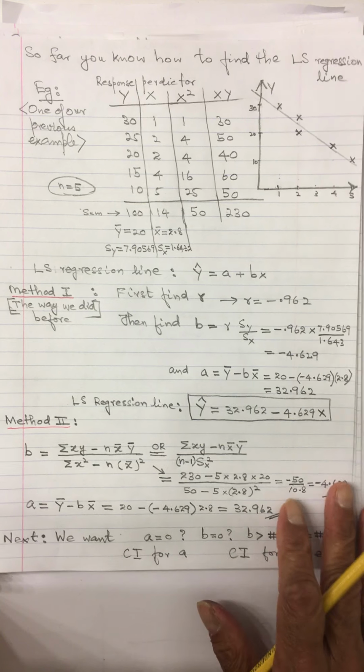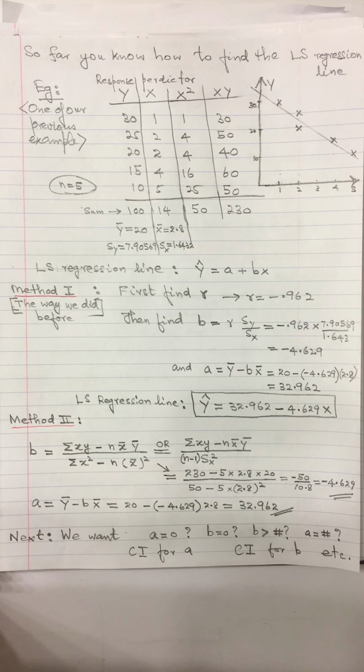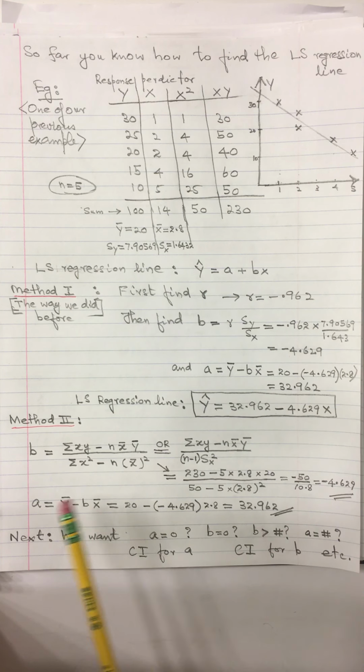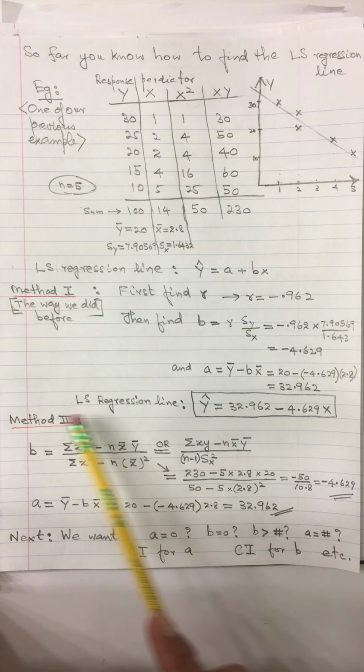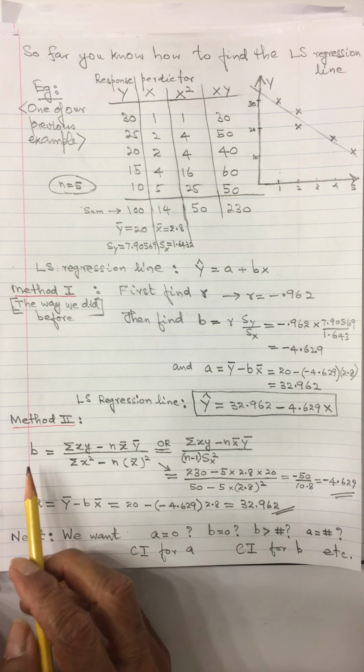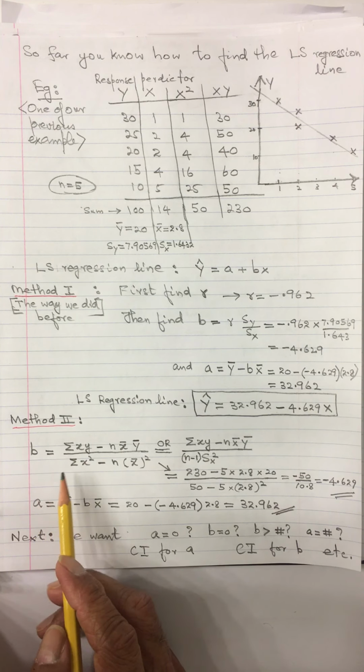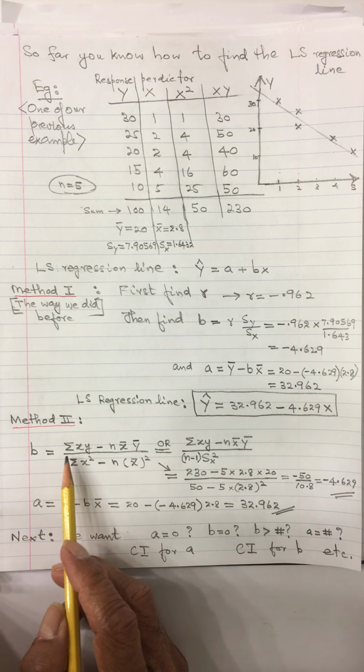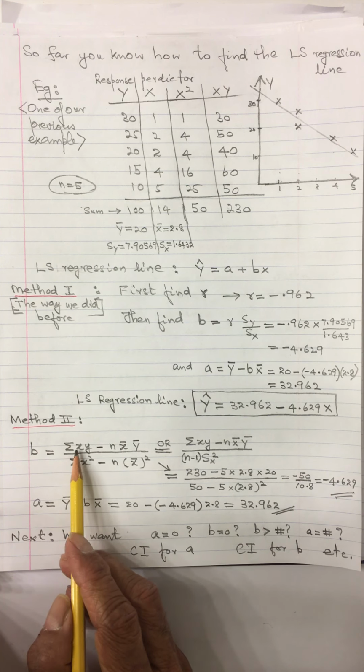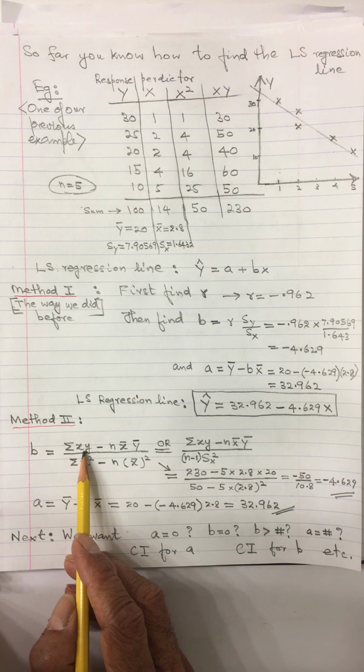At the time I told you that I will give you another way to figure that out. So either you can do it like that or you can use this formula. The slope you can calculate using this formula: it's going to be the sum of x times y.